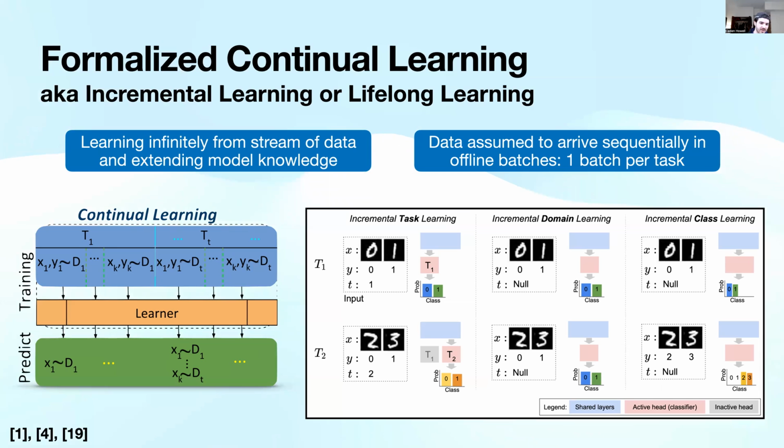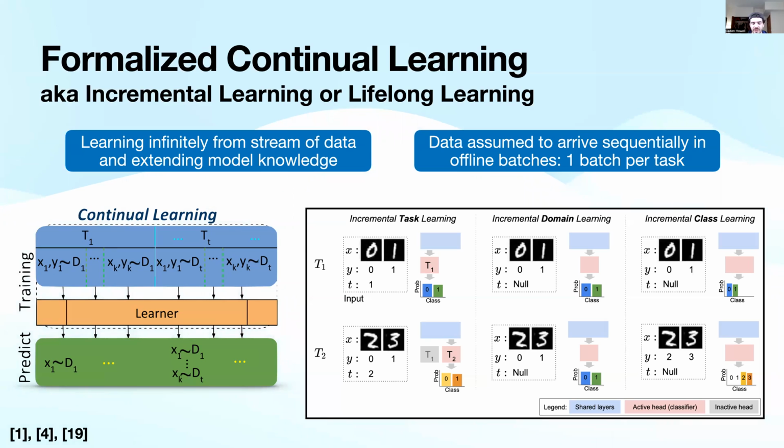Incremental class learning is different in that it's now a single head system. And we also say that at some time t, you could have any class that has previously existed show up. So really, the labels at time t are of the set of all labels thus far.